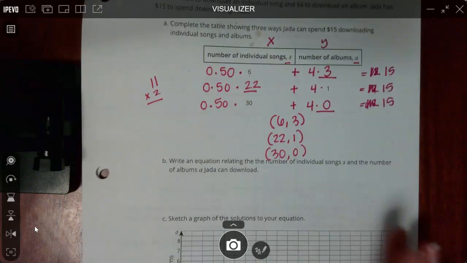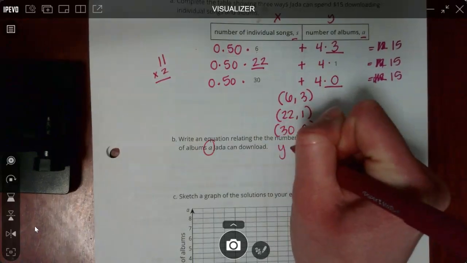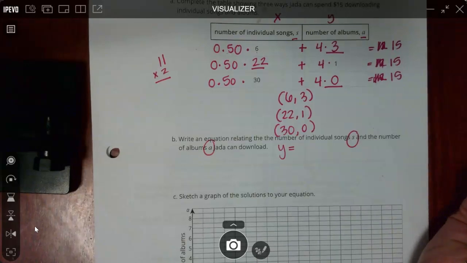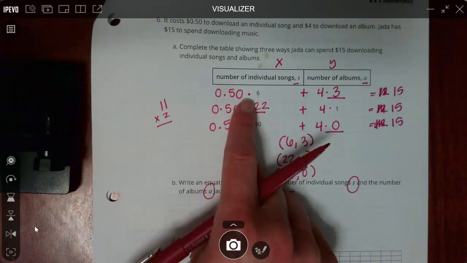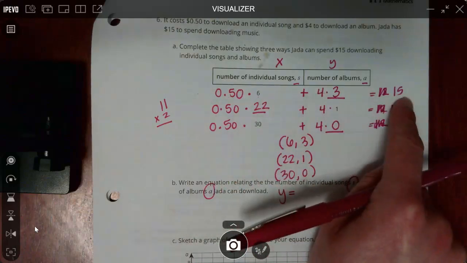Okay? So then B says, write an equation relating to the number of songs, S, and the number of albums, A. I know it has to look like Y equals something. Okay? So then I go back up to my rule. Well, what was I doing every single time? 50 times something plus 4 times something equals 15.